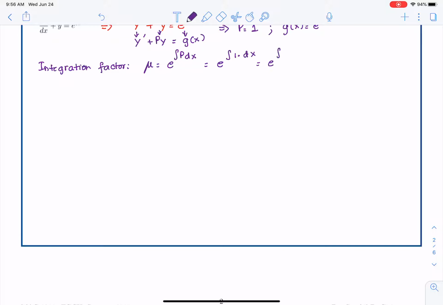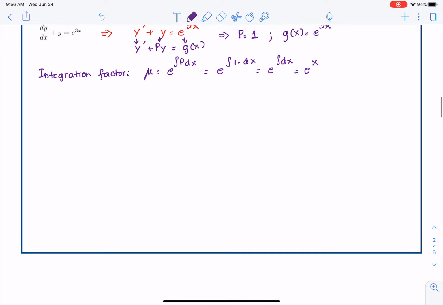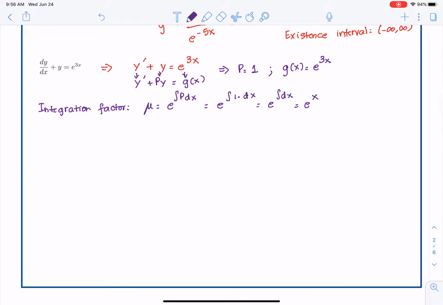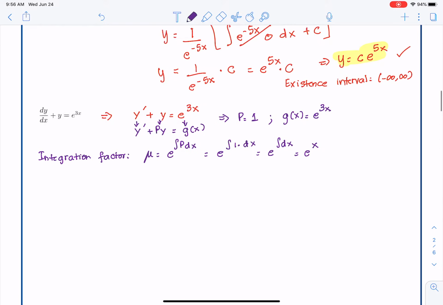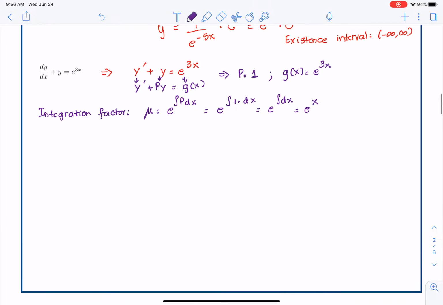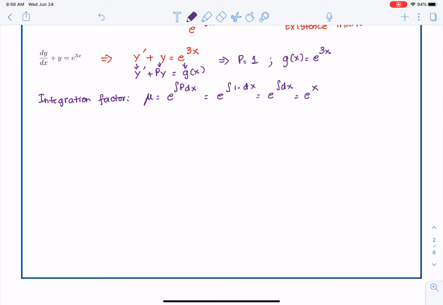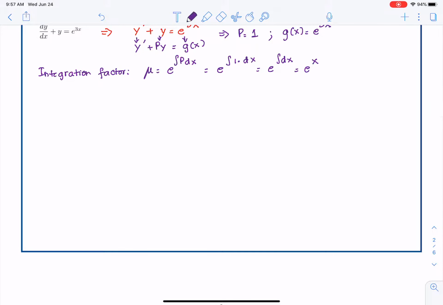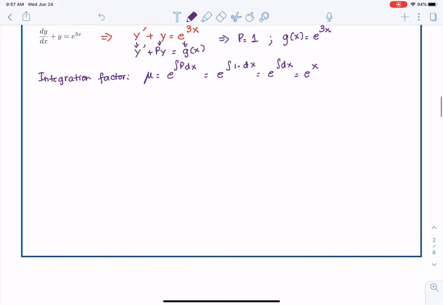We'll get e raised integral dx, which is simply e raised x. And again, we threw that constant away at the very beginning, so we don't have to worry about that. Now we can move on to finding the solution.